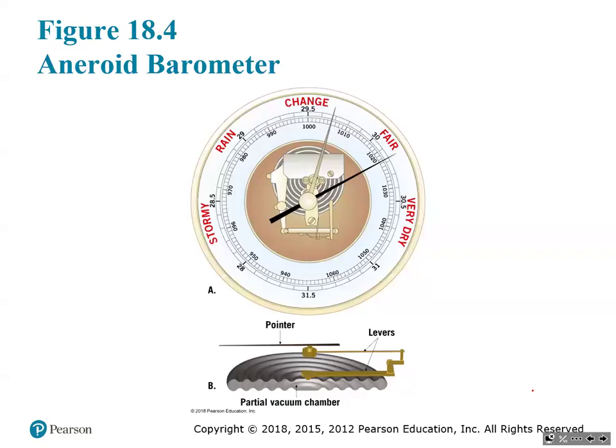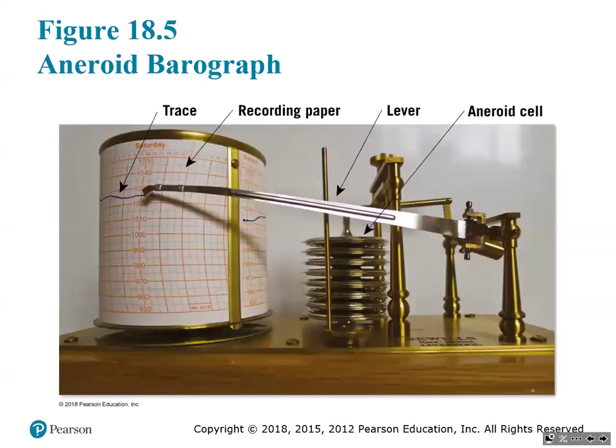And then there are electronic ones, but they work on a similar principle. They have a little chamber that shrinks or expands, and you might measure its size electronically. It might act like a capacitor, with a metal plate on both sides, and the capacitance changes with the distance.